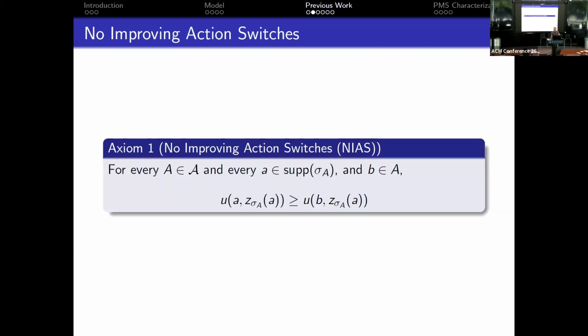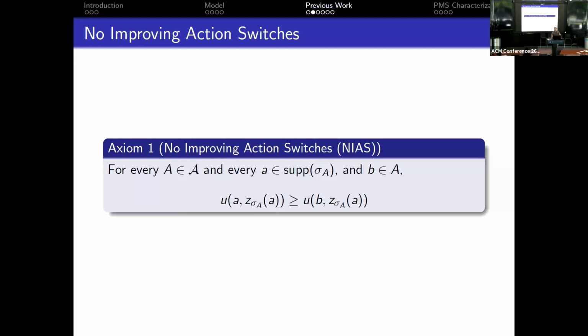It's a workhorse axiom going back to Kaplan and Martin, 2015, called no improving action switches, which states that conditional on a particular revealed posterior mean z sigma a of a, the revealed posterior mean for action A in menu capital A, it has to be the case that A is actually optimal at this particular revealed posterior mean.